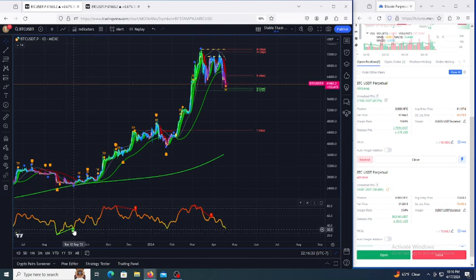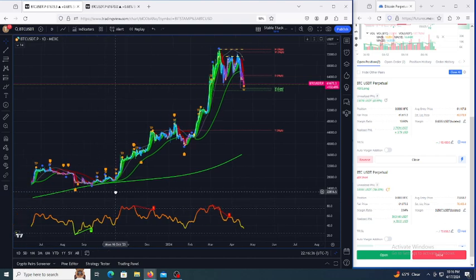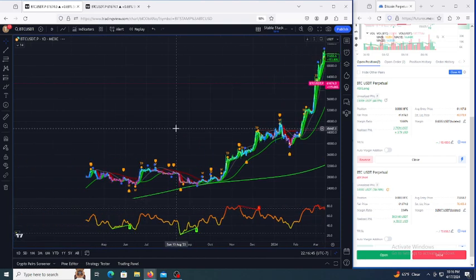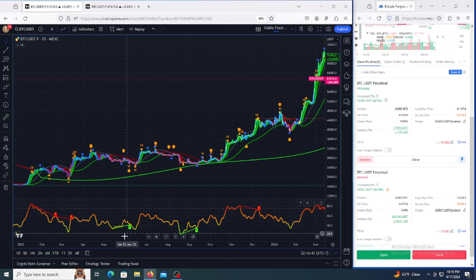So a lot of times with the divergence, the next dip is a good signal, or you're watching for the next dip into the green. It kind of depends, because if it's trending, if it's still going in the same direction, it doesn't necessarily have to go all the way to the green. So see, it was still going up here, so this divergence and the next dip was a good entry.